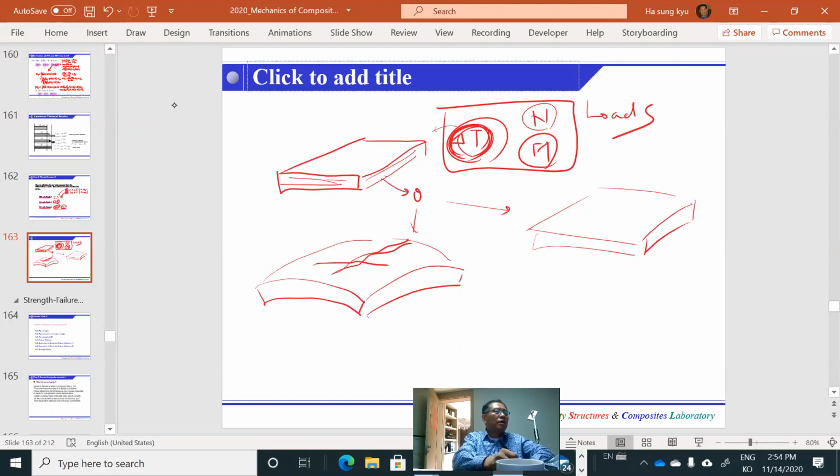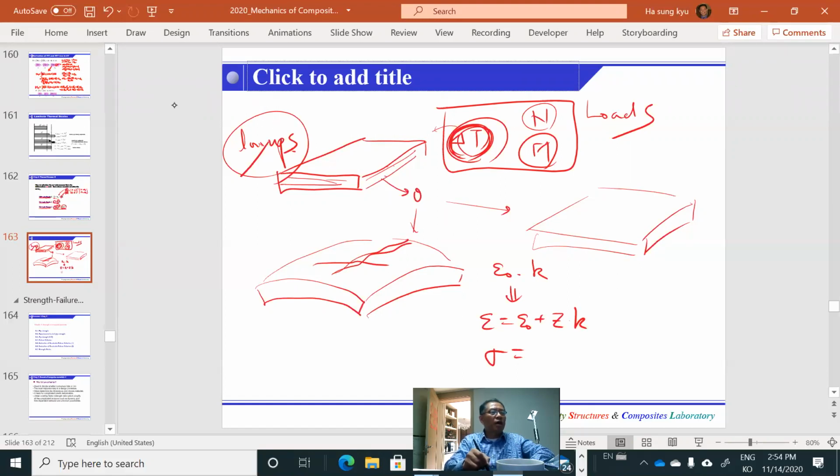And then we have all the layups, and then we have epsilon 0 and curvature. Of course, that will give us epsilon 0 and zk, and of course, we can have the ply stress. Next chapter, we'll see whether these stresses cause a failure. Are they okay? No problem inside? That's the failure, and that's important. That will be the next chapter.